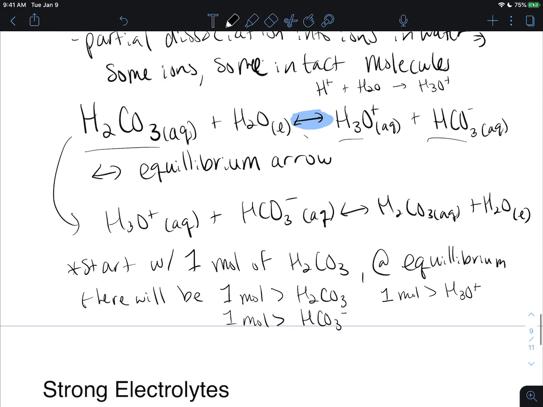As a note, we should have equal amounts of hydronium ion and bicarbonate ion.